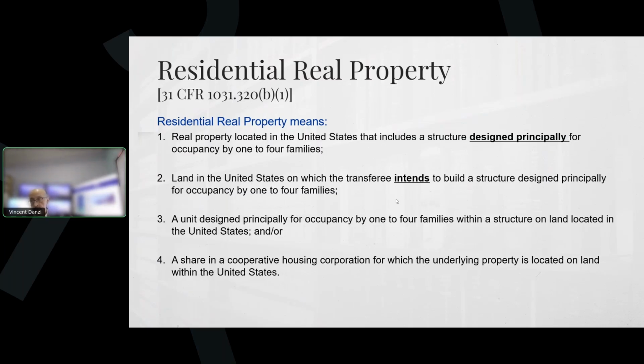Arguably, you might be conveying an interest in real property under one of those scenarios, but not in another. But generally, if what I'm doing is confirming or adding an interest that had not previously been conveyed, I would be inclined to say that's a reportable transfer. But that's a very good question.